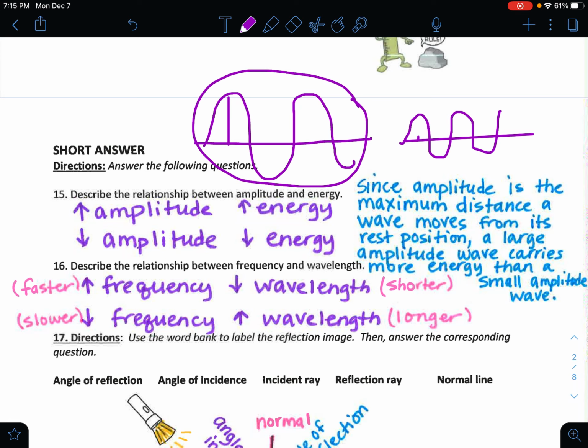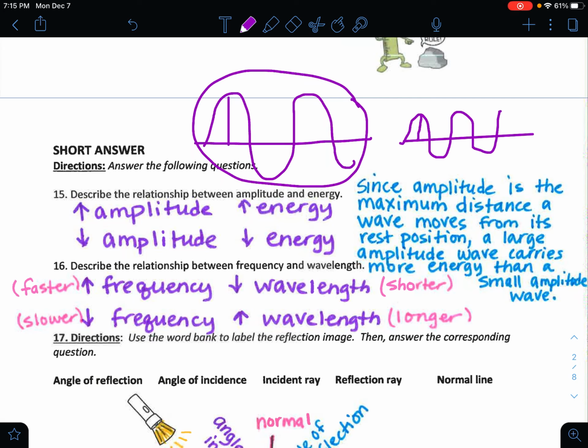So the distance from rest to crest is higher than this here. Okay, so be able to identify, if you're looking at 2 different waves, which one has more energy. So the higher the crest, that indicates how high it rose above the rest position. That is because of the increased energy.